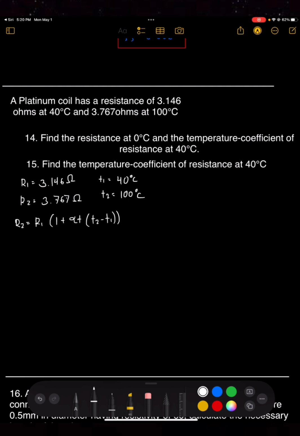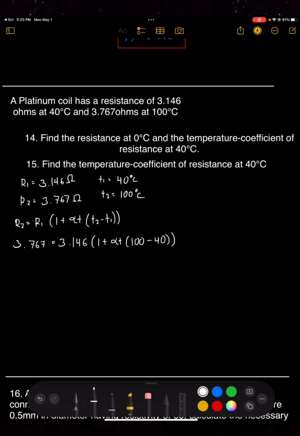Now, insert the remaining values. So, R2 is equals to 3.767 is equals to 3.146 times 1 plus alpha times 100 minus 40, which is the temperature.